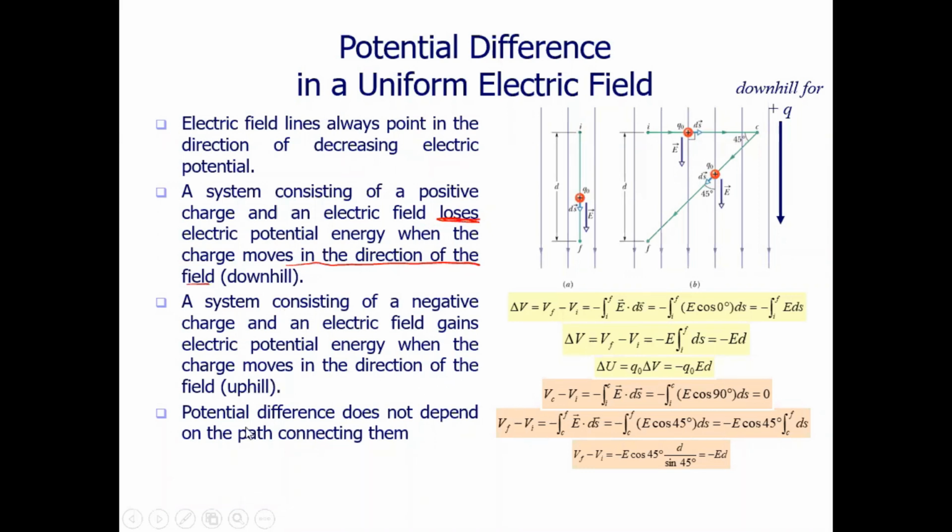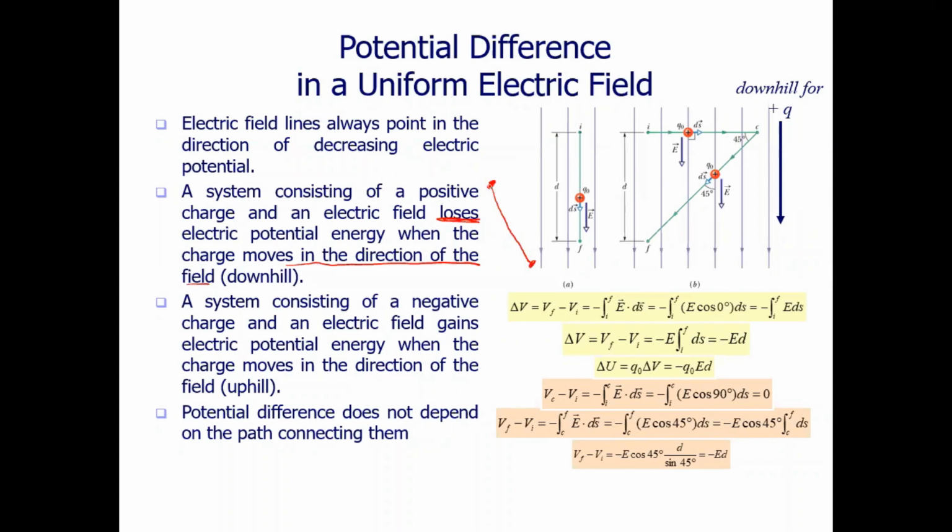So if you have a positive charge and it is moving in the direction of the electric field, then in terms of potential, it is actually moving down. The initial will be greater than the final, so its potential energy will be reducing.